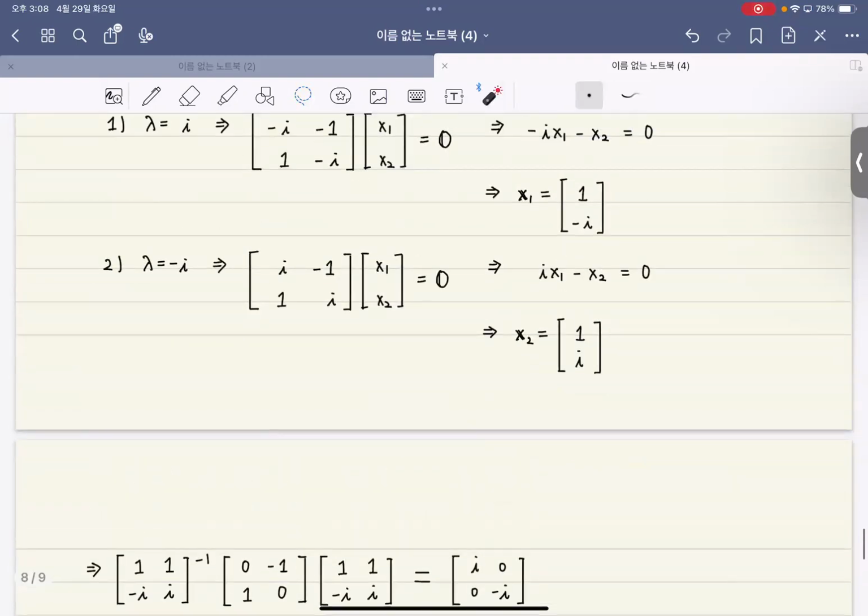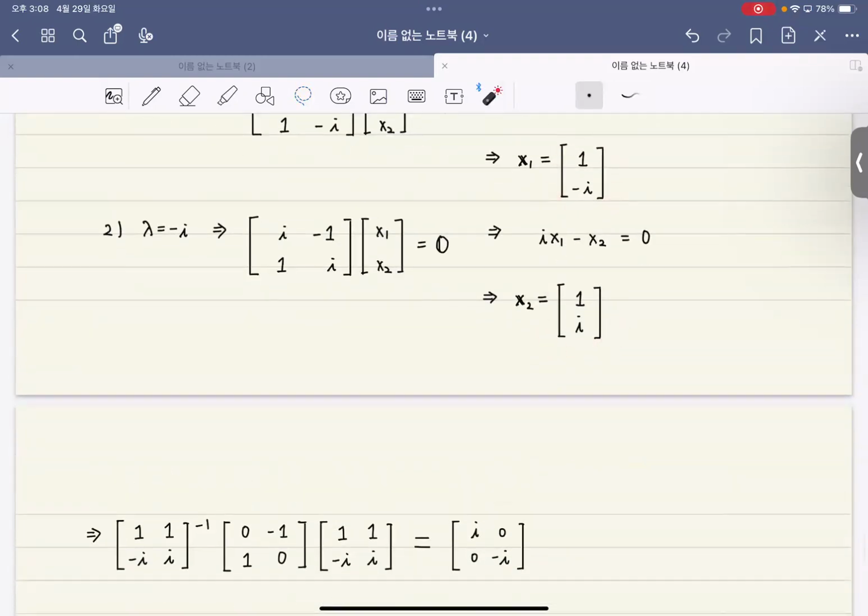So this is my x1 and this is x2. So x1 goes to the first column and x2 goes to the second column. And you invert it, multiply the original matrix, and times this one again, then you're going to get the diagonal matrix. But this time, your diagonal entries are complex numbers. But it is just the same. Okay. All right.